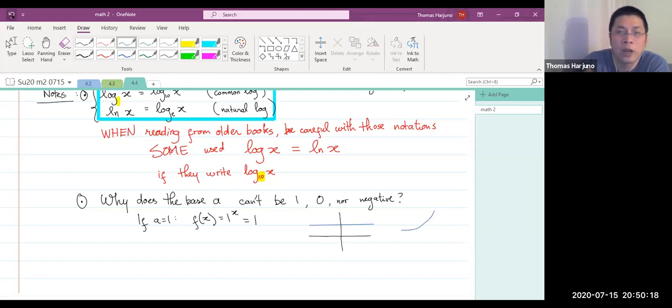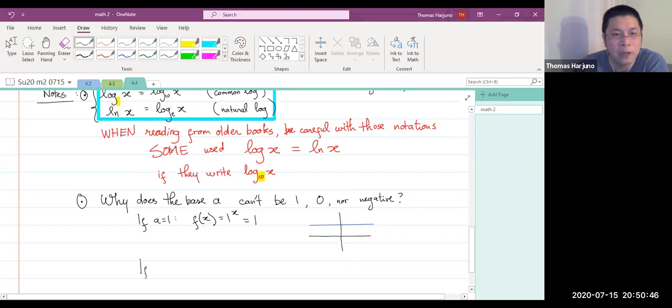When the base is 1, suddenly it is not increasing, it is not decreasing, therefore it is not one-to-one. So they kind of kick this base 1 away. They say, no, we don't want this, because it doesn't fit what we commonly have. So yes, the exponential function discriminates against base a equals 1.